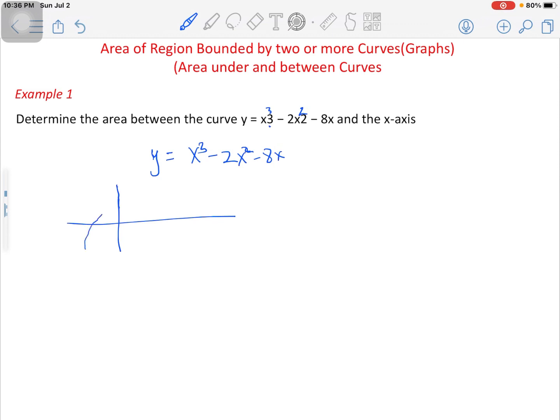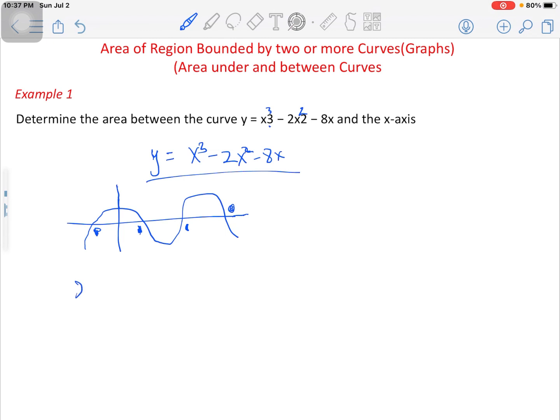So if the graph is going this way and it cuts the x-axis here, here, and here, it means that we are going to find one root at each of these places, and so forth. So based on that, we need to find the roots of such a function.